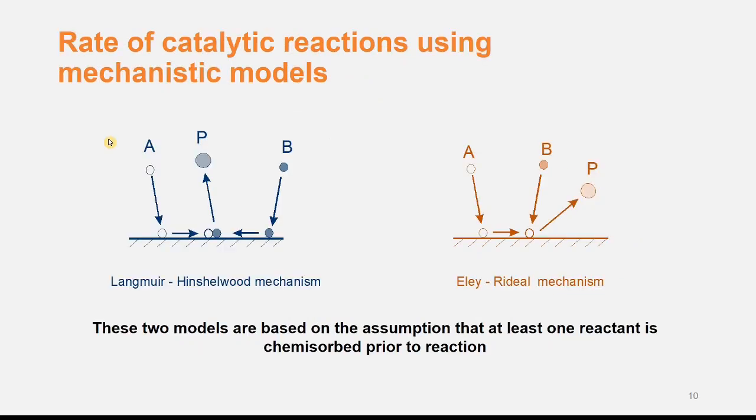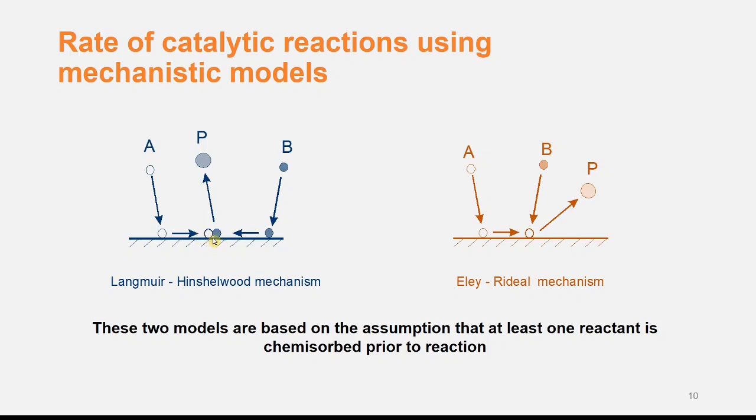To estimate the rate of reaction, we will use two different models, the Langmuir-Hinshelwood mechanism and the Eley-Rideal mechanism. In the Langmuir-Hinshelwood mechanism, two reactants are adsorbed onto the surface and then react on the surface.